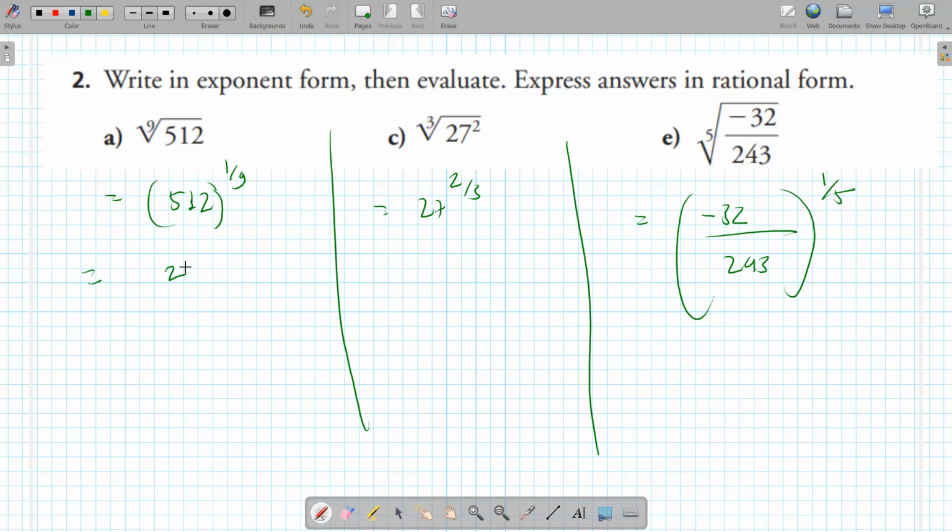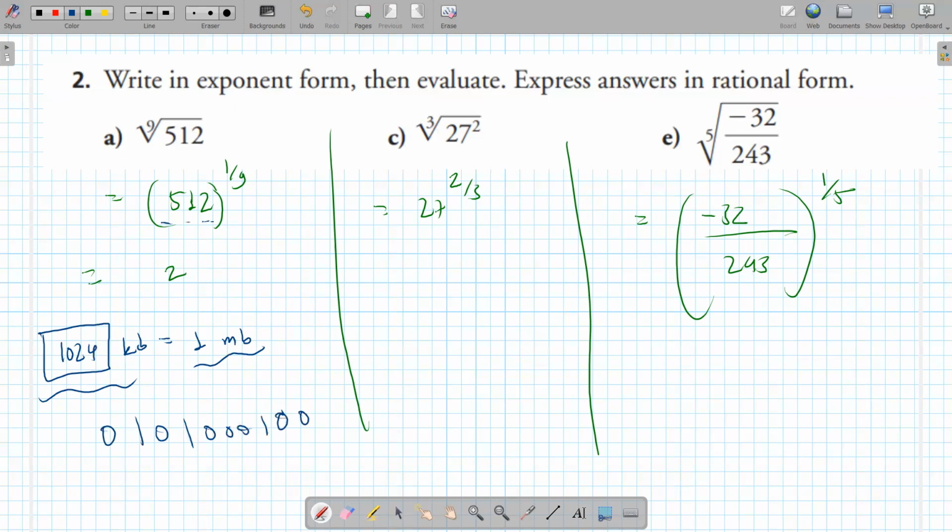It's because this 512 is a power of 2, okay? Eventually what you get is 1024. 1024 kilobytes makes 1 megabyte. A lot of the code that computers run on are all powers of 2. Bare bones, everything a computer does is zeros and ones, binary. That's all it can read.